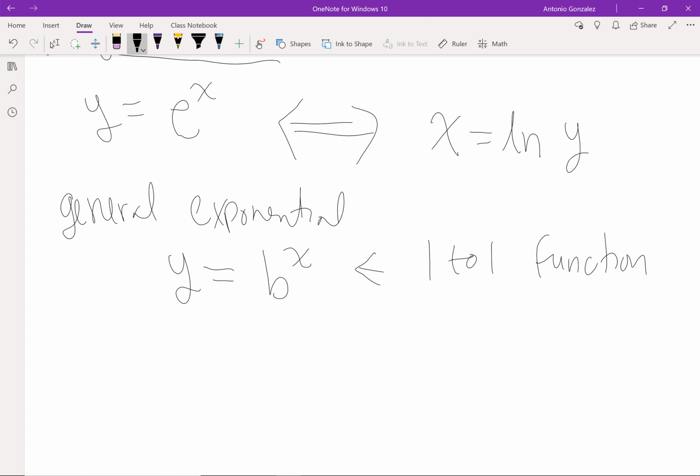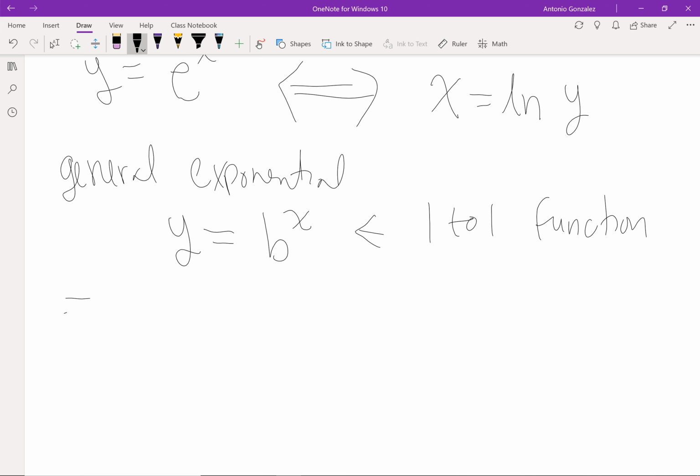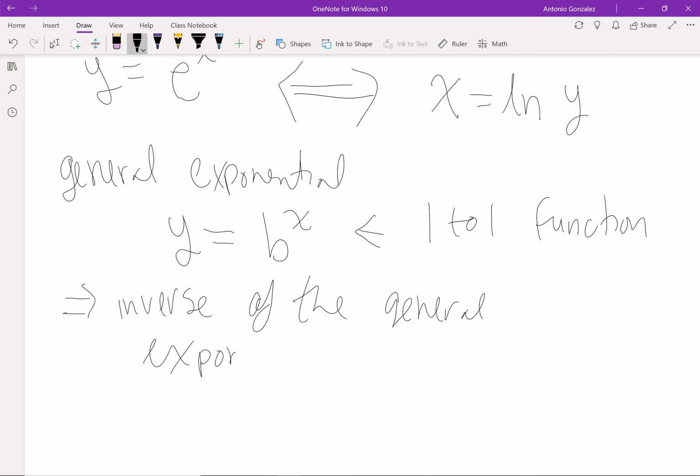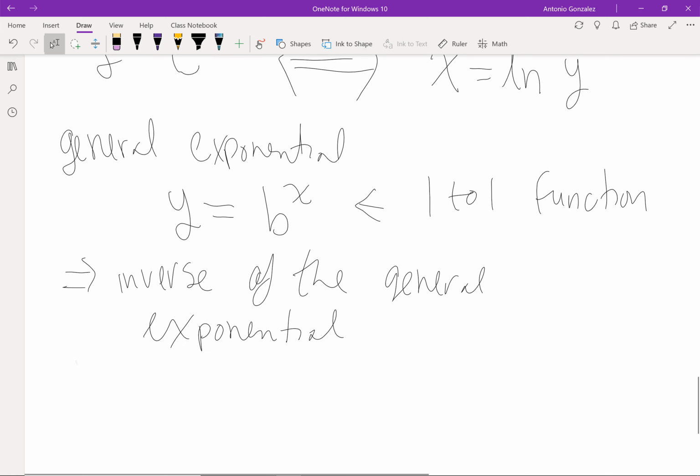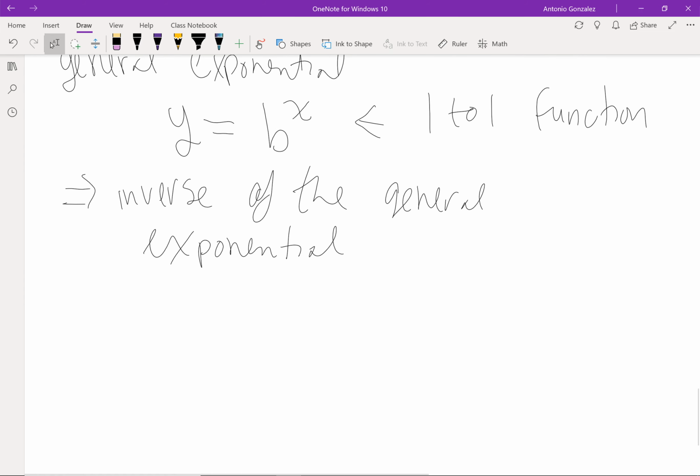If that's true, that means there is an inverse. So we want to find out what is the inverse of the general exponential. Let's use the same techniques: switch out the x and the y, and now solve for y.